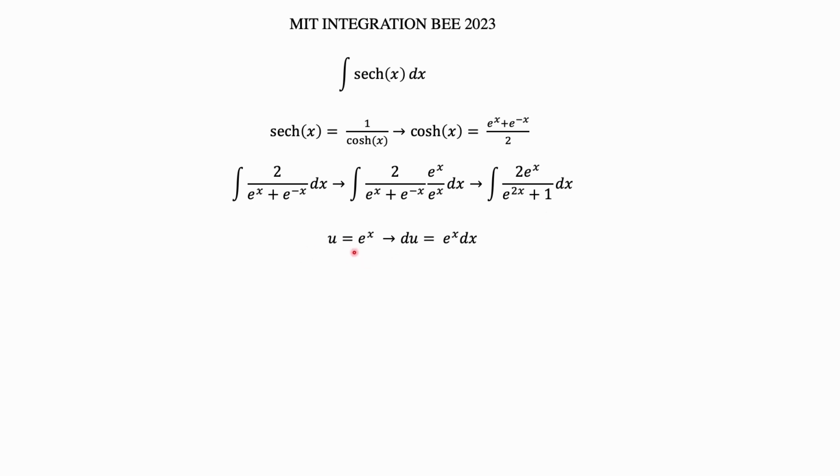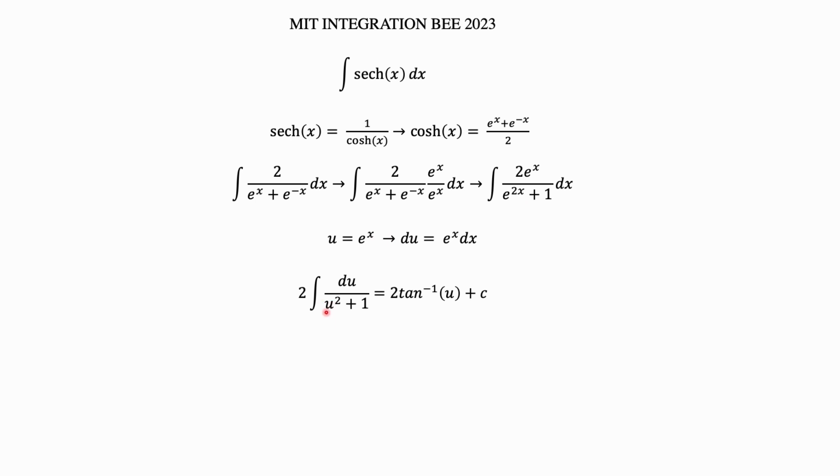Now you should see this as a u substitution. Very easy. If you take u as e to the power x, you get du equals e to the power x times dx, and when you plug that substitution in, you have this simplification, because this e to the power 2x can be written as u squared.